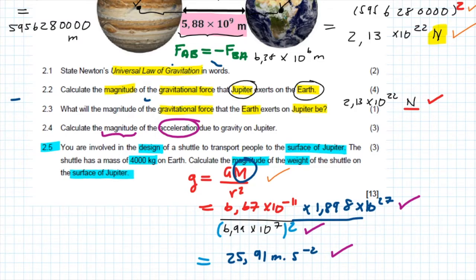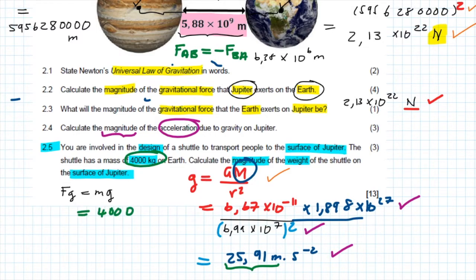So we know weight, Fg, is equal to mg. We are calculating the weight on Jupiter where the gravitational acceleration is 25,91. This value, the mass, is constant no matter where we are. So we plug in the mass of 4,000.